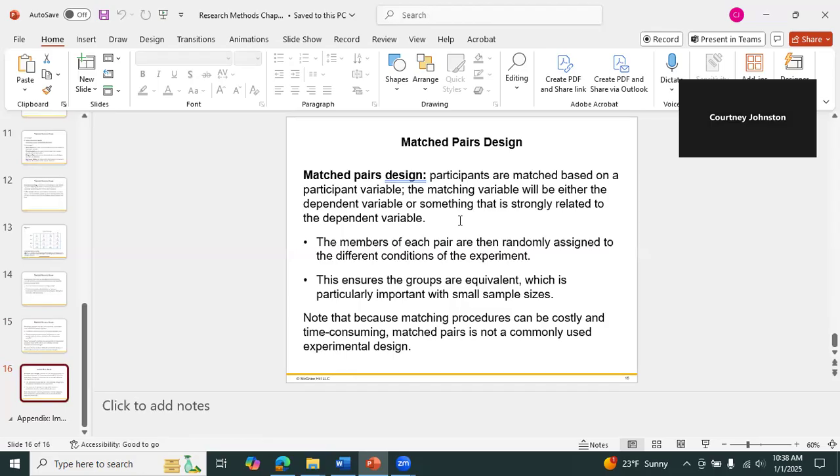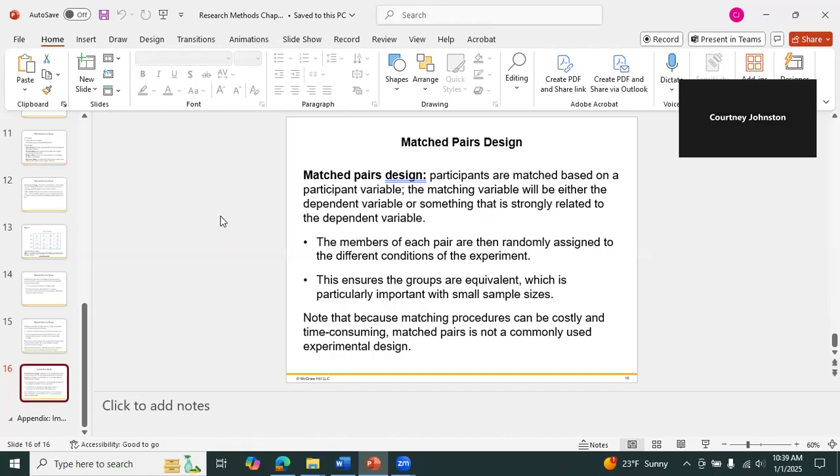This can make sure the groups are equivalent, again, decreasing bias, which is particularly important with small sample sizes, which can introduce major aspects of bias because there are not enough people to eliminate differences between groups. And because matching procedures can be costly and time-consuming, it's not commonly used in experimental design. I have never taken a course in which this design is actually used. It's been either within subjects or between subjects designs primarily.